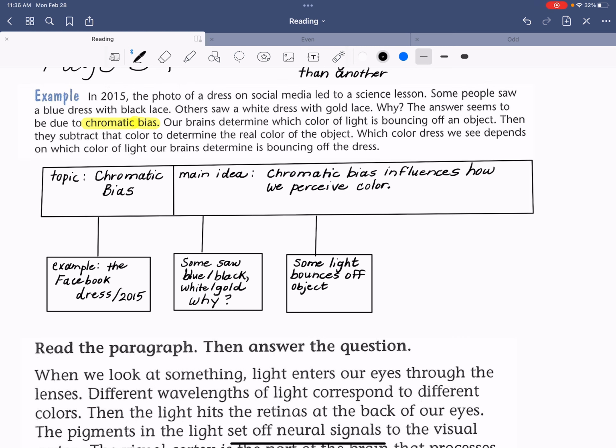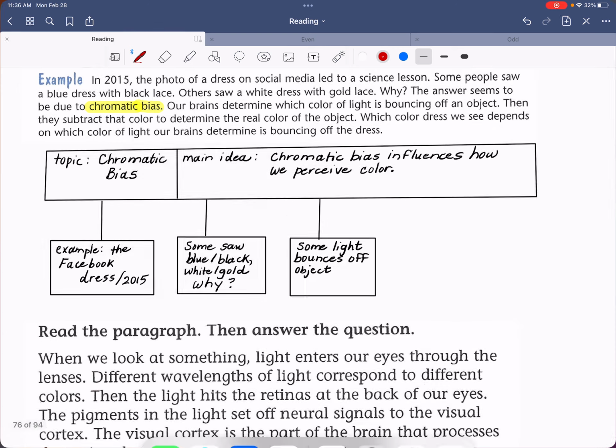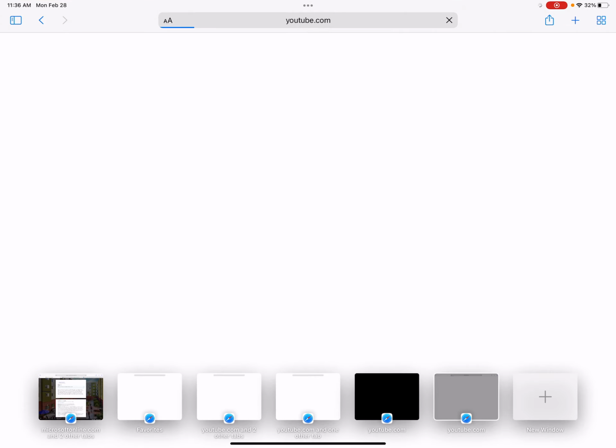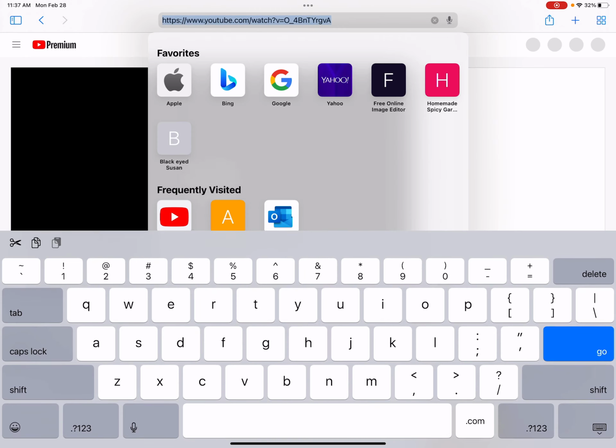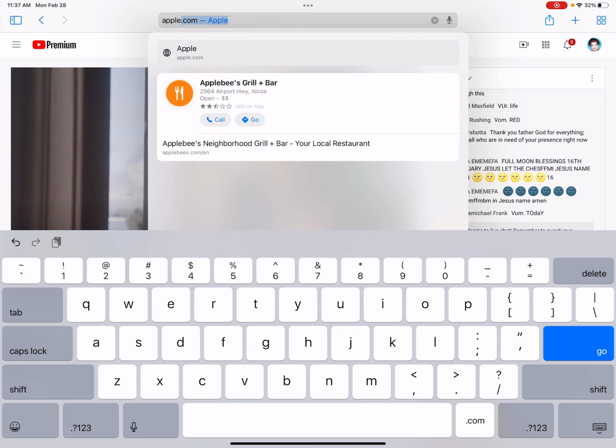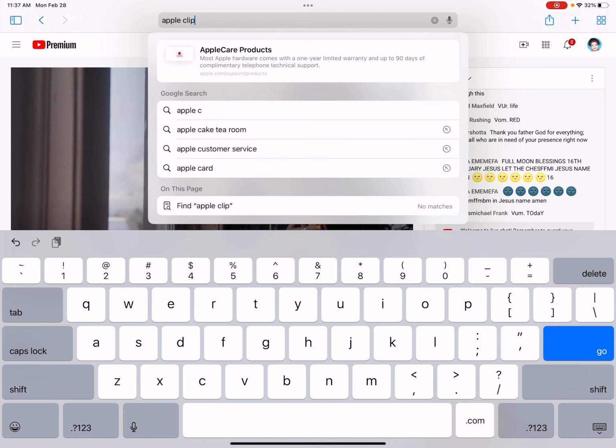So let me show you an example. I don't want to make this worse, but let's say that there is a red apple. Let me pull up a picture of an apple. If you'll bear with me just a second, I'm going to say apple clip art.